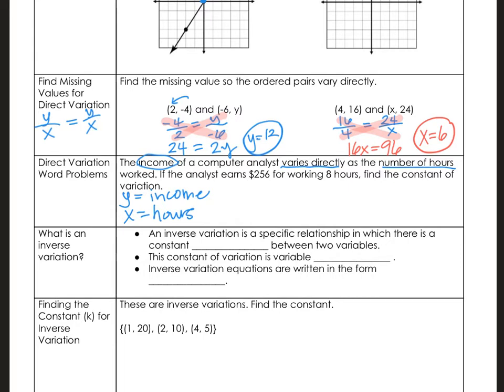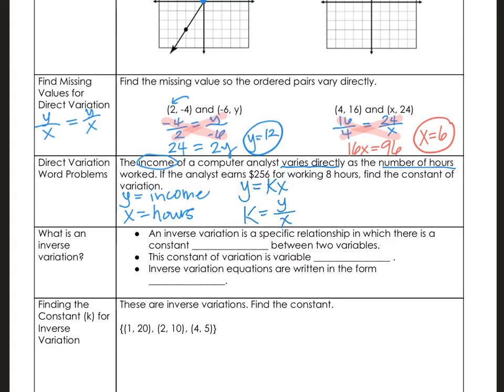Okay, so we know that with direct variation that our formula is either y equals kx, or another way that you could write this by getting k by itself is writing k equals y over x. So if we know the values of y and x, then we can find our constant.